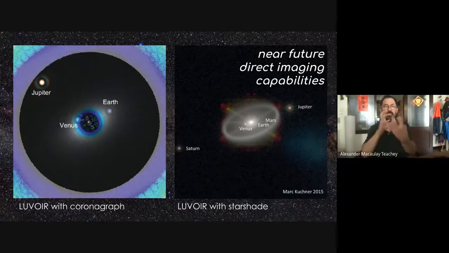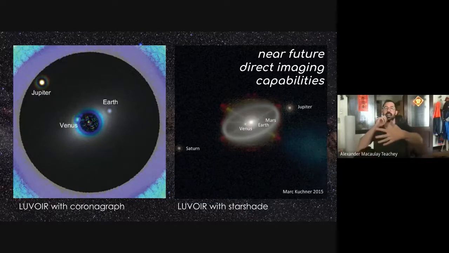So a coronagraph is an instrument, a piece of equipment on board the telescope itself that blocks out the light from the star and allows us to see these planets. As I said before, we've got to block out the light. A star shade is something that is far more challenging, but really exciting.